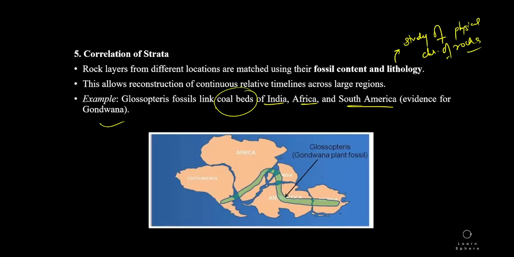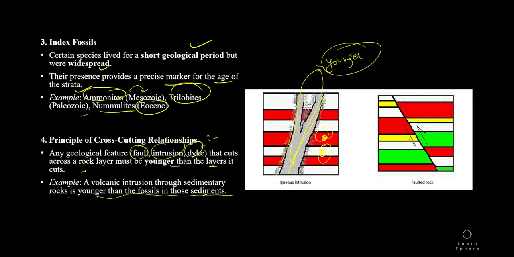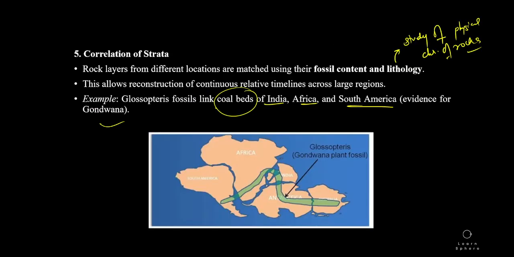It means they were present in many places, they were widely spread. Okay, and their widespread evidence gives us a proof of the existence of Gondwana.